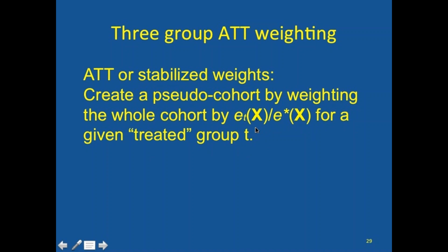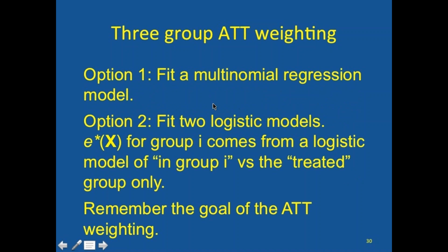It's still pick one of the 3 groups, fix that propensity score. That goes in the numerator. The probability of being in that particular group for any set of covariates is what goes into the numerator. And then the probability of getting what you got goes in the denominator, and that's the weight for each person. Again, the question becomes how to fit this. Option 1, fit a multinomial regression model.